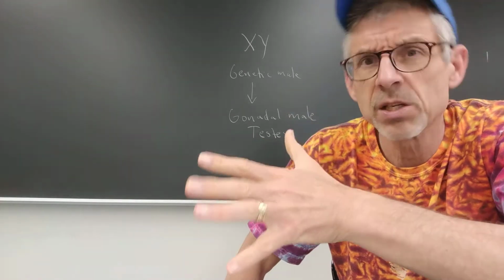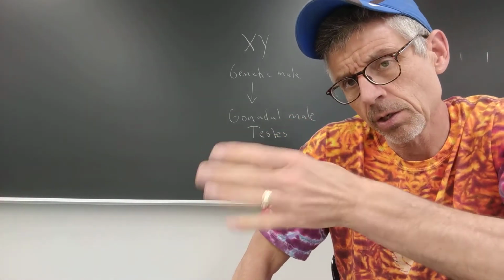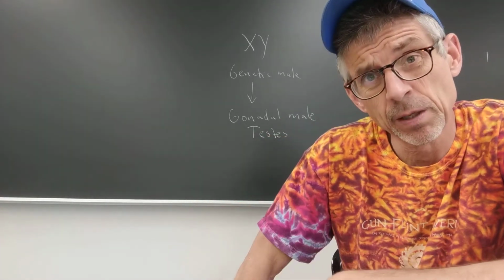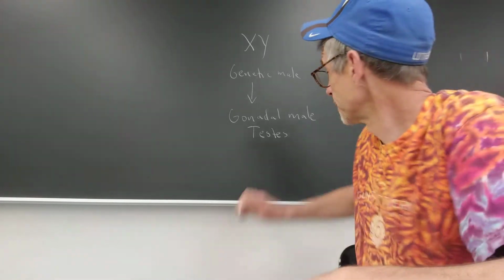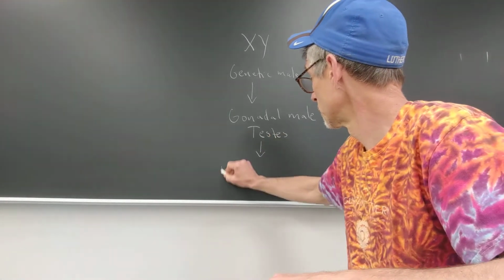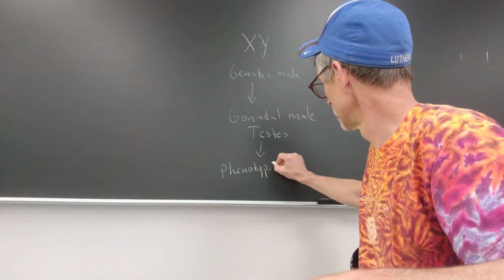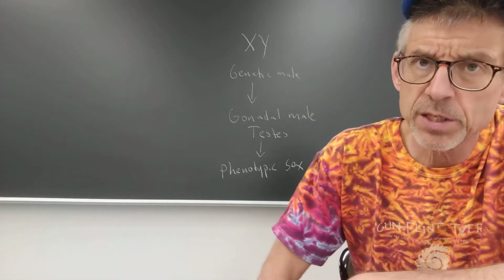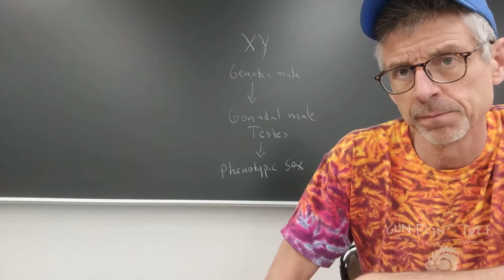And by about 10 to 12 weeks, certainly by 12 weeks or so, the internal and external genitalia has been directed towards the male phenotype under the guidance of that steroid hormone, testosterone. So then we have phenotypic sex, in this case, phenotypic male.